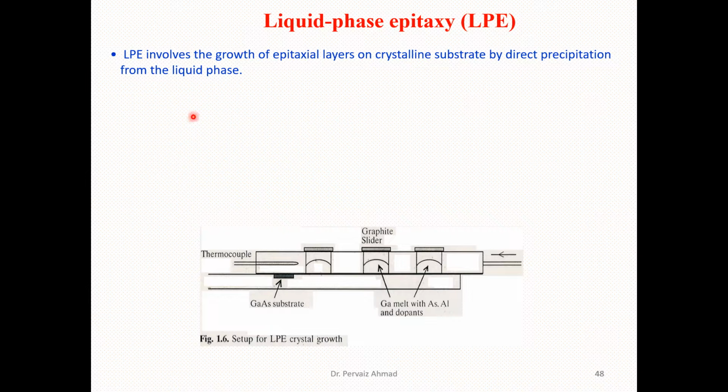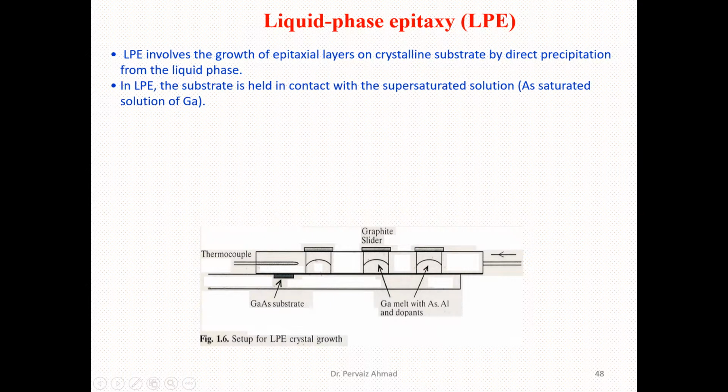We grow the epitaxial layers on a crystalline substrate, and the growth happens from the precursor in the liquid phase by direct precipitation. In this way we can get epitaxial layers via liquid phase epitaxy techniques.